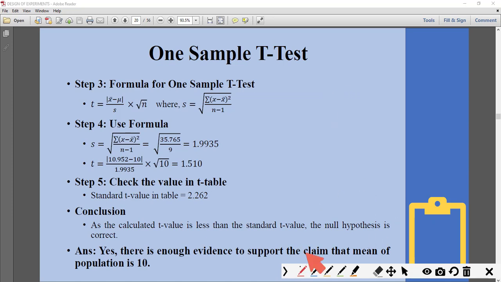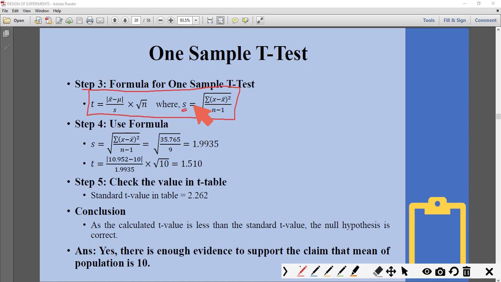Now, what is the formula for one sample t-test? You will have to remember all these formulas. This is something which you have to remember. You have to remember this formula for one sample t-test. T is equal to modulus of x bar minus mu upon s into square root of n, where s is your standard deviation, right?